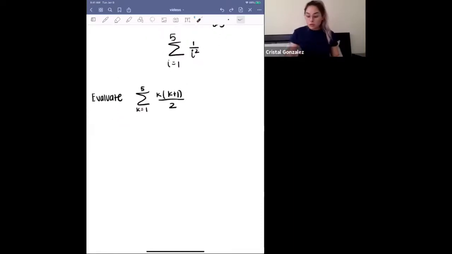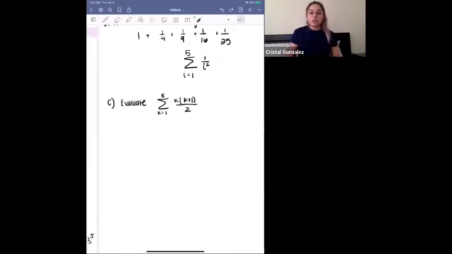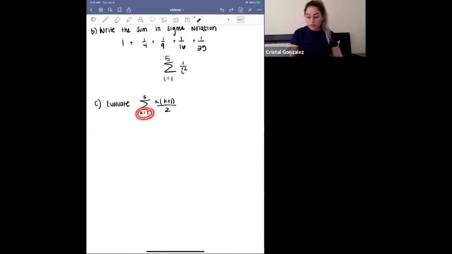Okay, so now to evaluate this summation, we're going to plug in our values for k and sum the next ones over and over again.